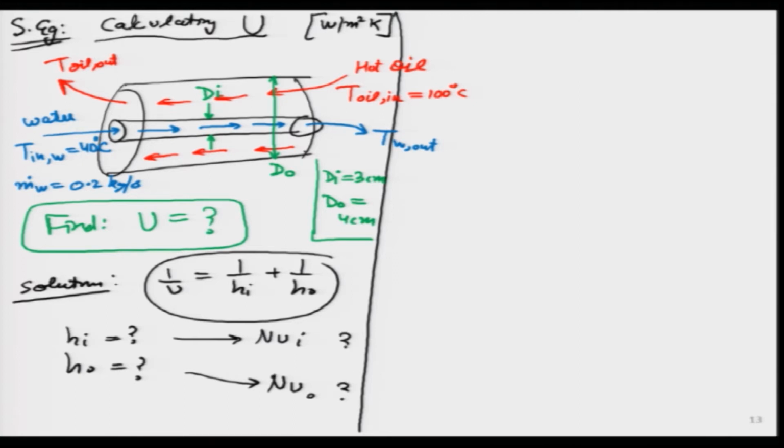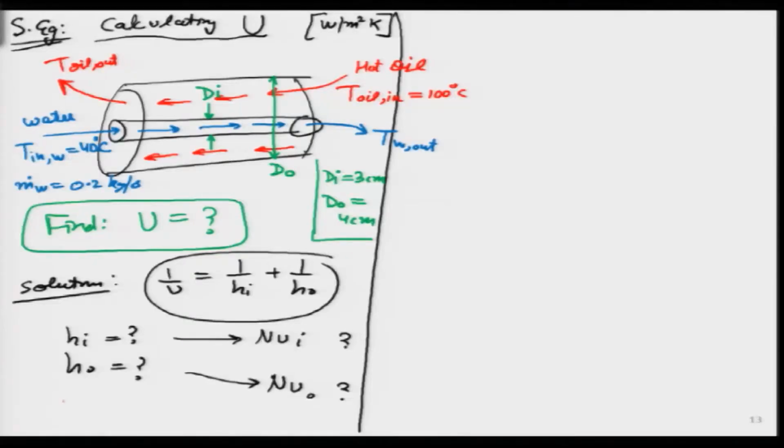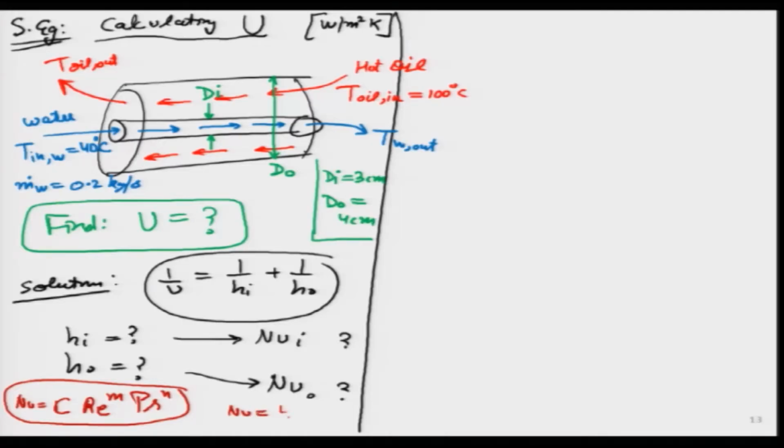And for Nusselt you remember we have all sorts of correlations. For forced convection, what was the typical correlation for Nusselt? These are the types of questions I keep on asking students. I think many of the students who are revising the course will immediately remember that, sir, usually Nusselt we can write in terms of certain coefficients, C into Reynolds to the power something, Prandtl to the power something. In certain cases it turned out to be a constant also, you remember in forced convection.